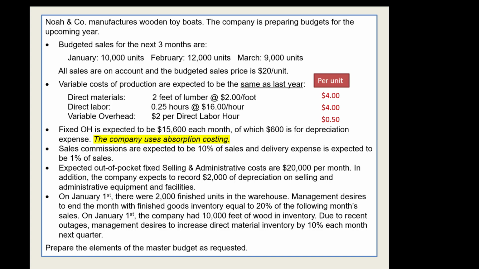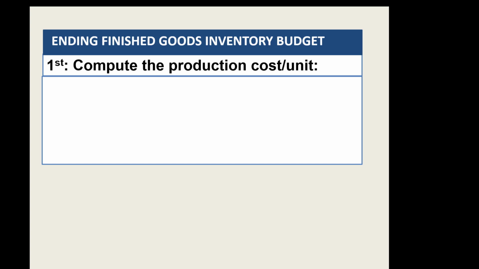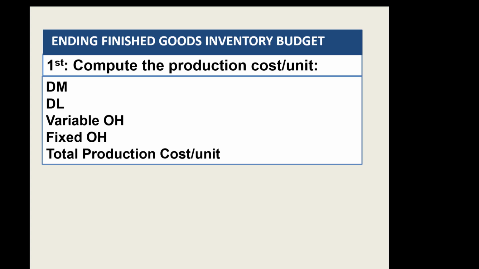In this problem, the company uses absorption costing, so you will need to remember the basics of both of those methods. Absorption costing means that direct material, direct labor, variable overhead, and fixed overhead will be assigned to inventory. So that will be our total production cost per unit. If the company had used variable costing, of course, fixed overhead would not be included in the production cost per unit.